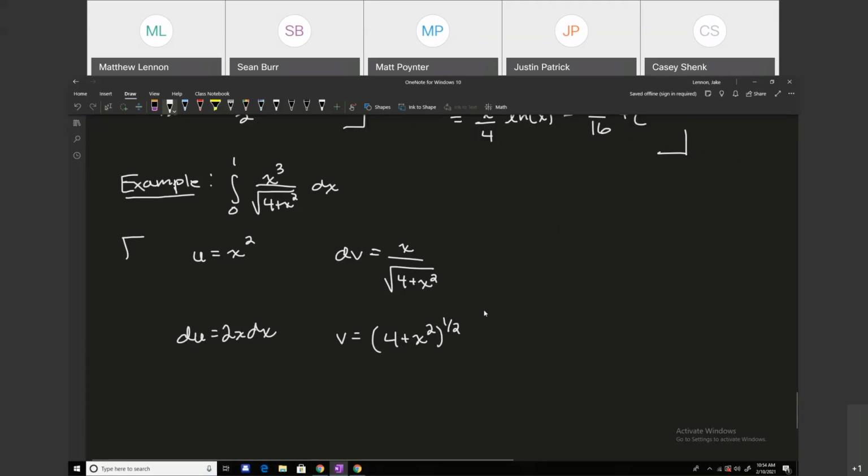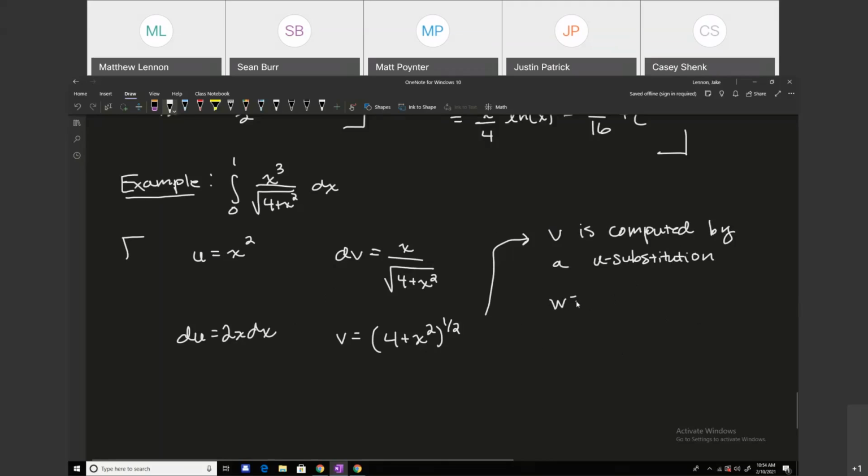So v is computed by a u substitution. Actually, we've already used u in this problem, so why don't we make it a w substitution.